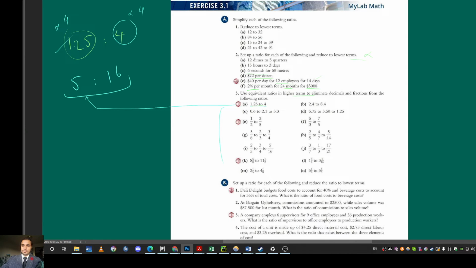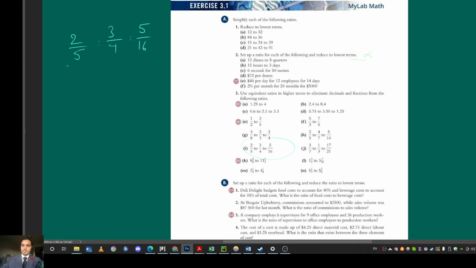So let's take this one, 2 over 5 ratio 3 over 4 ratio 5 over 16. Okay, again, if you can find a common denominator, then we can just write the top parts and forget about the lower parts. Okay, so how do we find a common denominator?